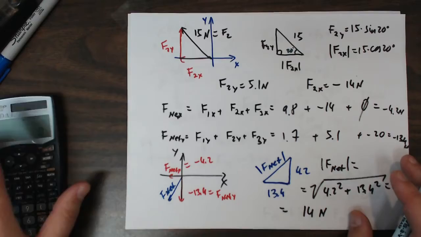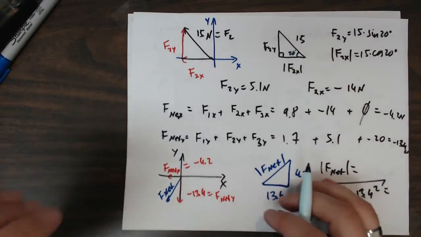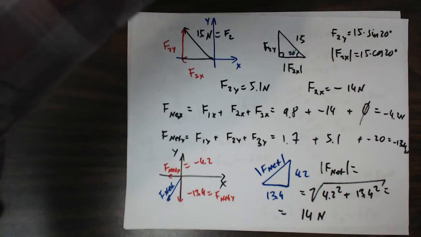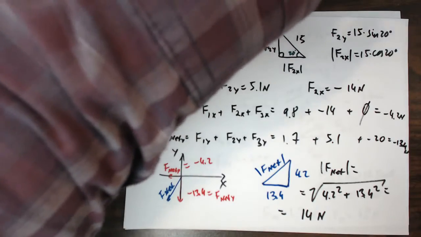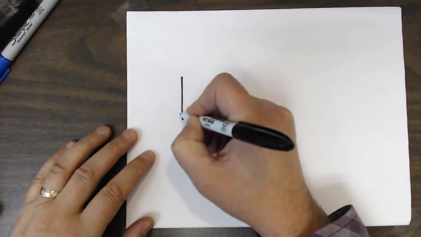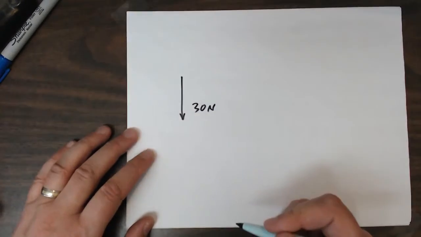And the next possible situation is kind of opposite to this. The next possible situation, let's say we know this force and the angles.